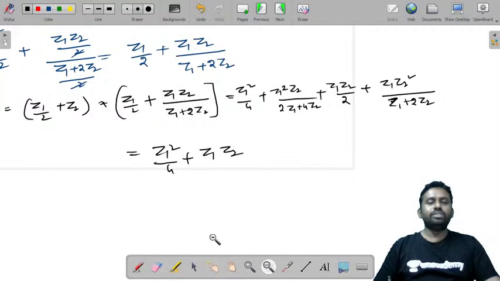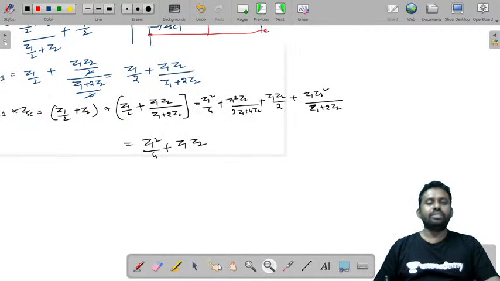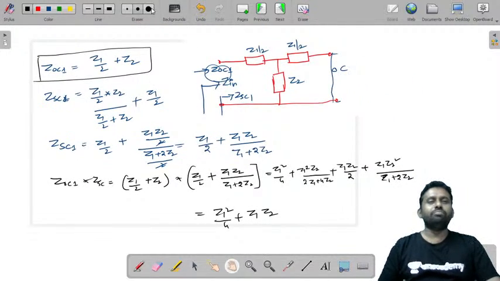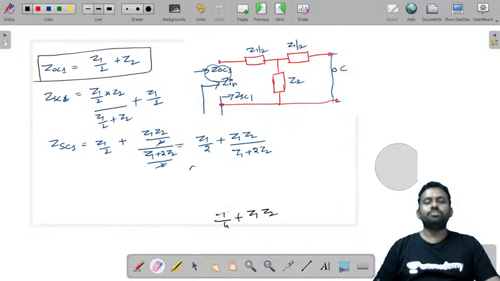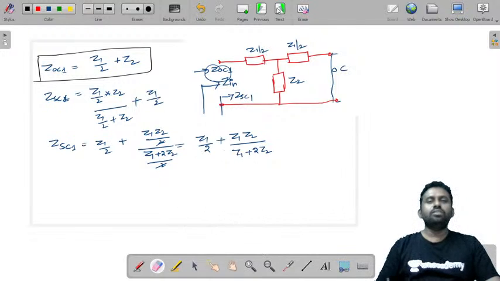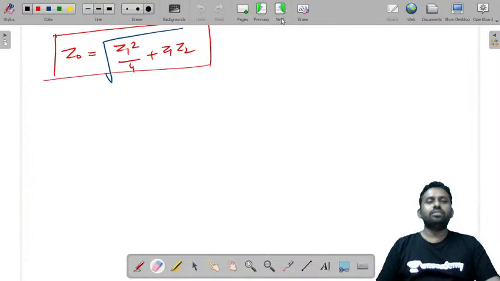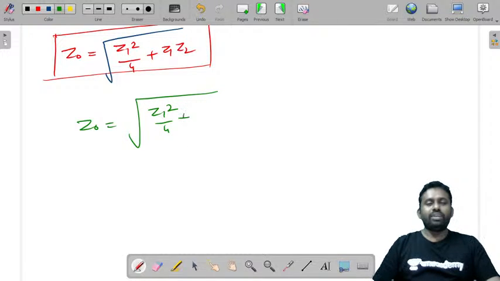Right, so this is how you'll do it. You take the open and short circuit impedances, simplify them, and get Z naught is equal to the root of Z1 square by 4 plus Z1 Z2.